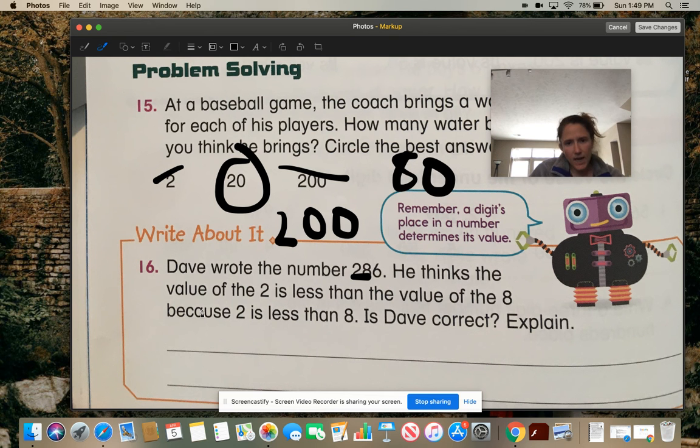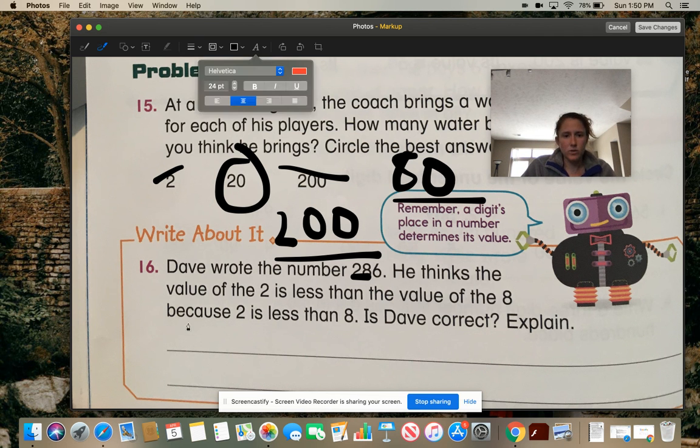So Dave thinks that this 200 is less than 80. Is 200 less than 80? Well, think about it. If I said, here's 200 pieces of candy or 80 pieces of candy, which one's less? Is 200 less than 80? No. So is Dave correct? No, he's not. He's wrong. So Dave is incorrect.